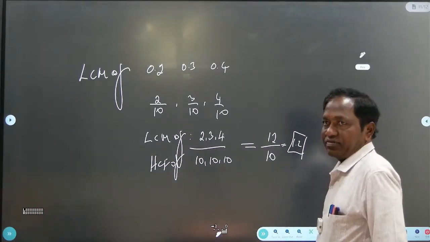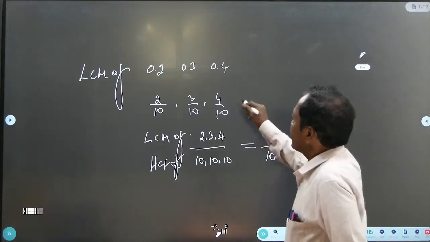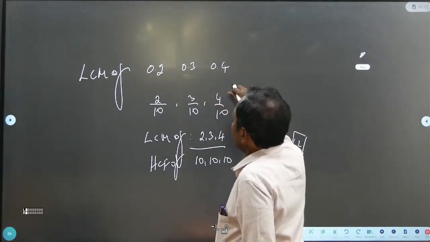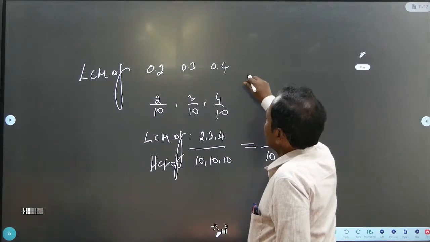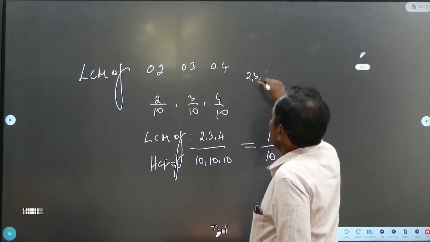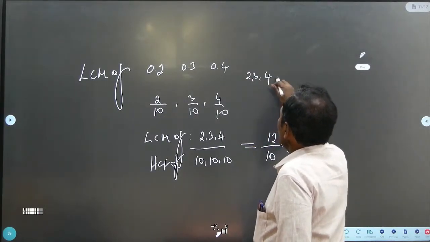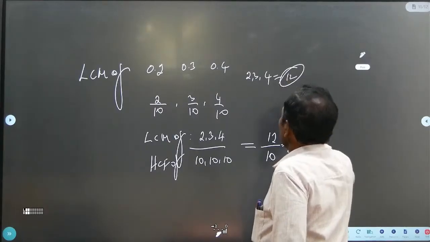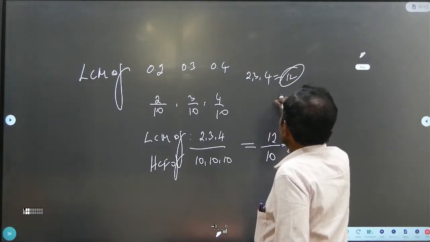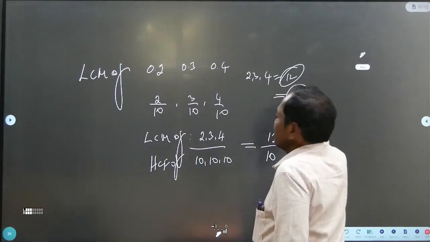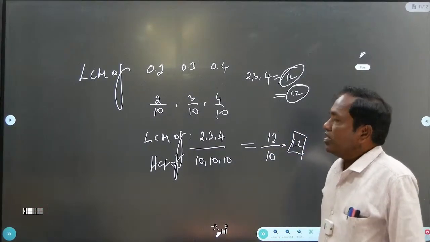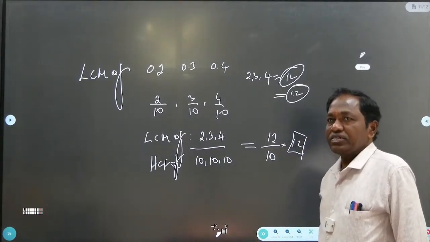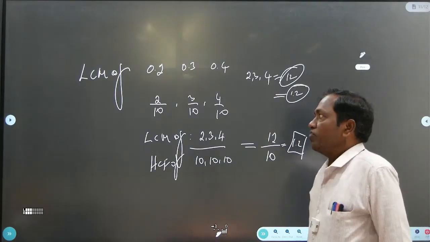Even if you do it directly, with this method there is only one decimal place. Because we have adjusted the decimals, it is 1.2. We are very clear on that. So this is the LCM of numbers, decimals and fractions.